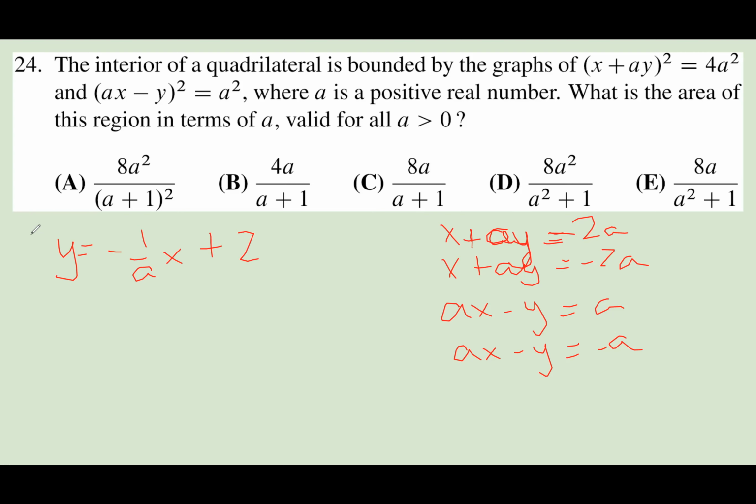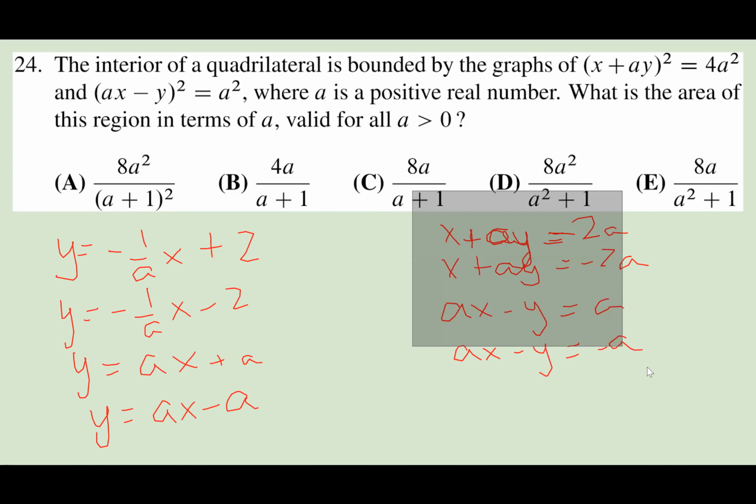For the second one, y equals negative 1/a x minus 2. For the third one, y equals ax minus a, right? For the fourth one, you get y equals ax plus a.